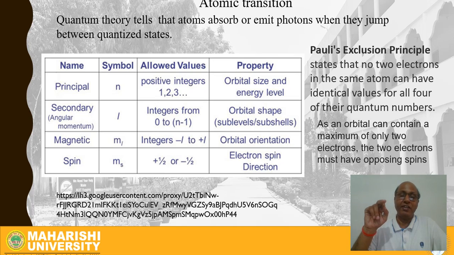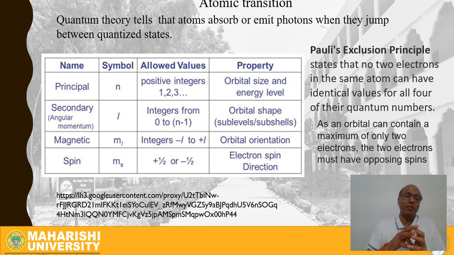That means the principal quantum number n, the azimuthal or orbital quantum number l, the magnetic quantum number ml, and the spin quantum number ms. All these four quantum numbers cannot have the same identical values for two electrons at the same level.